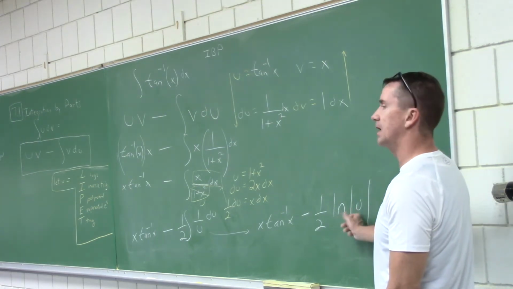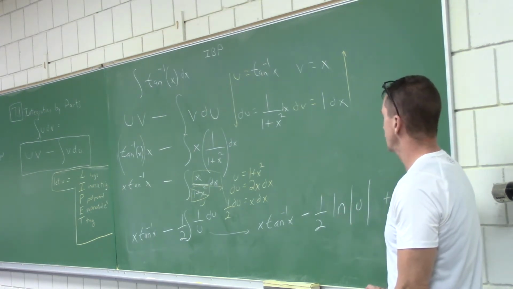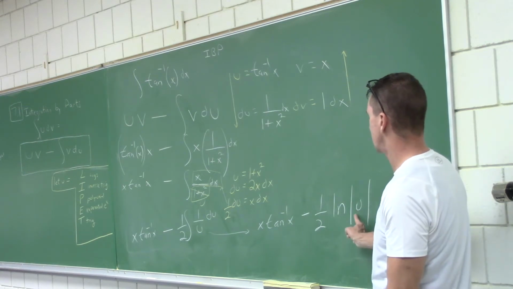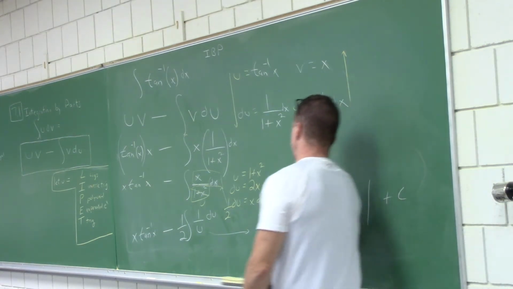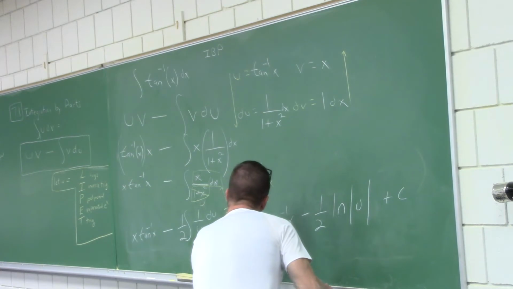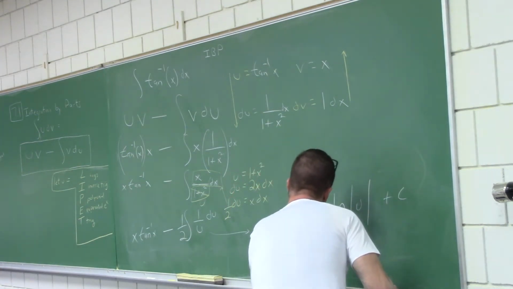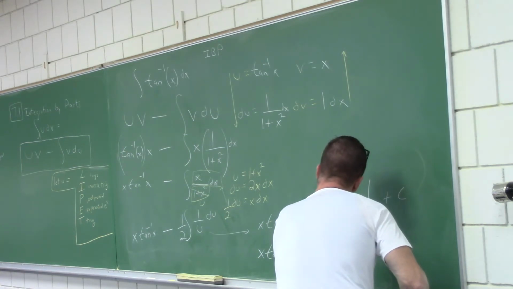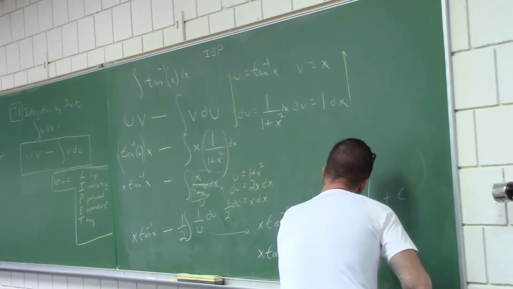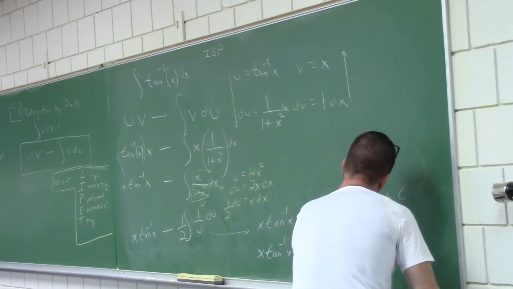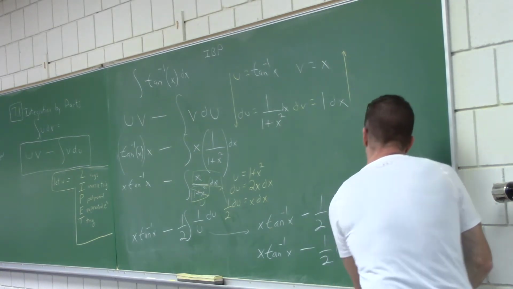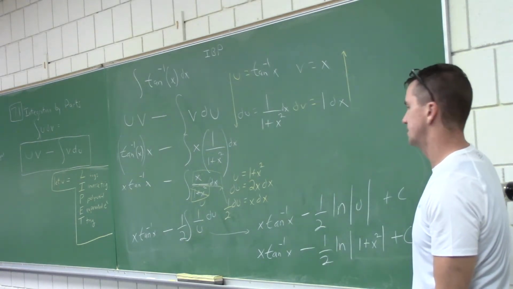I have to put back what I let u equal. So what goes right there? 1 plus x squared. Yep. So x inverse tan x minus 1/2 natural log of 1 plus x squared with bars around it, plus a c, plus a constant. There's the final answer.